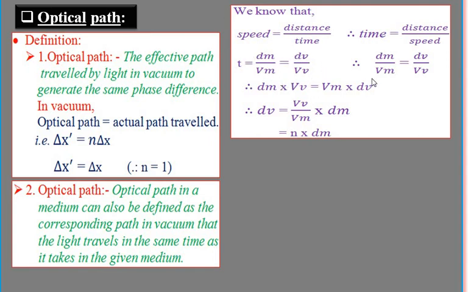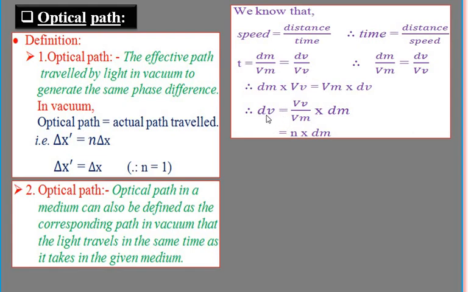So this equation can be written as dm/vm = dv/vv. If we take cross multiplication, we get dm × vv = vm × dv. dm means the distance in a medium and vm means velocity in the medium. dv is the distance in vacuum, vv is the velocity in vacuum.